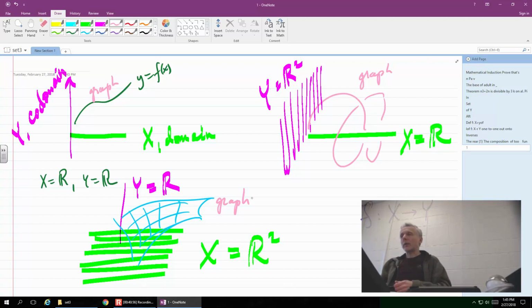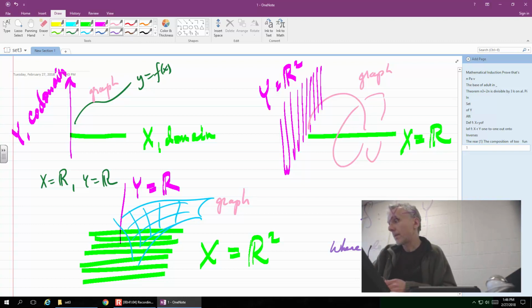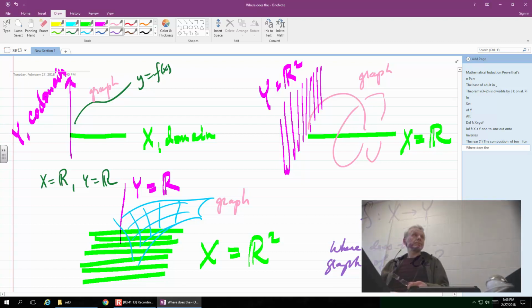Okay, so the question really becomes first, where does the graph lie? How would you characterize it, what we're looking at? We have X and we have Y, right? But there is way more where the graph has to be located.